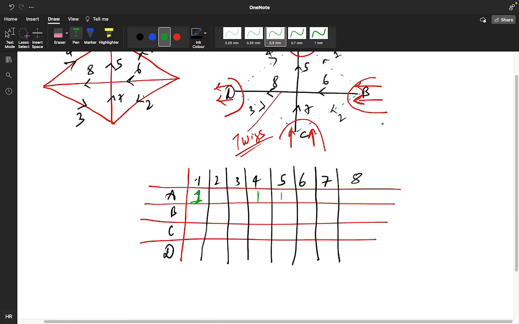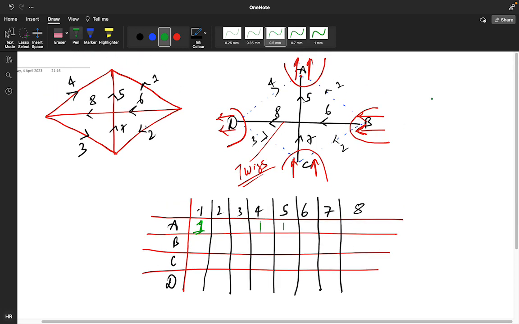Can anyone tell me why so? See, here we have to see entering and leaving with respect to my branch directions. For the first case, we had assumed some directions in the cut set directions like this.